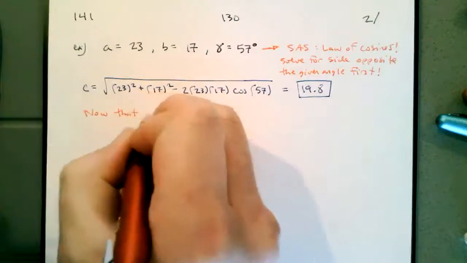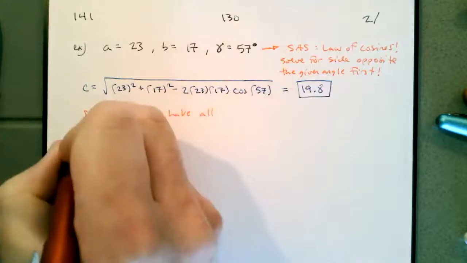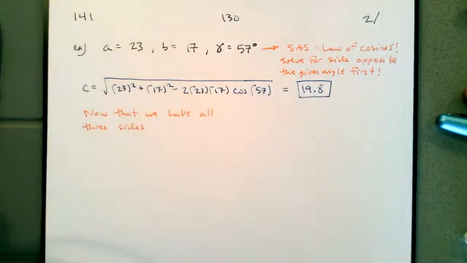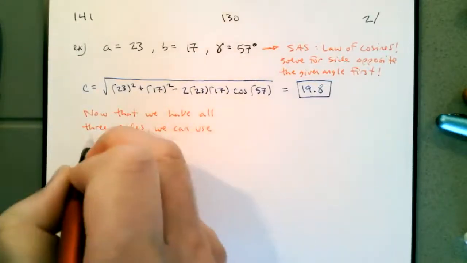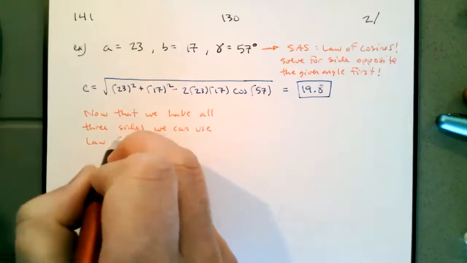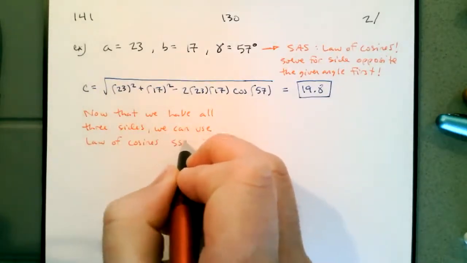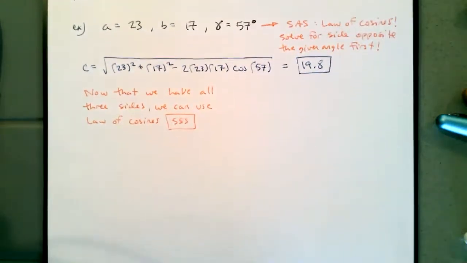Now that we have all three sides, we can use the law of cosines again, the SSS version, to find an angle.